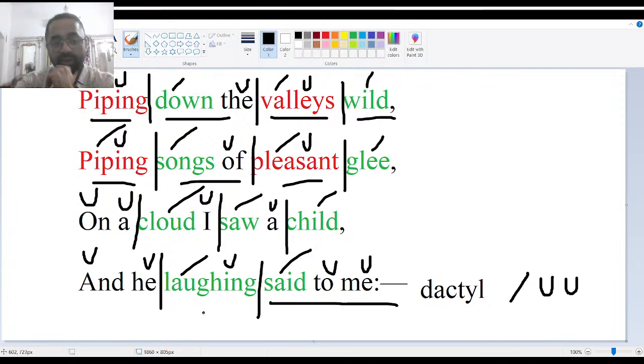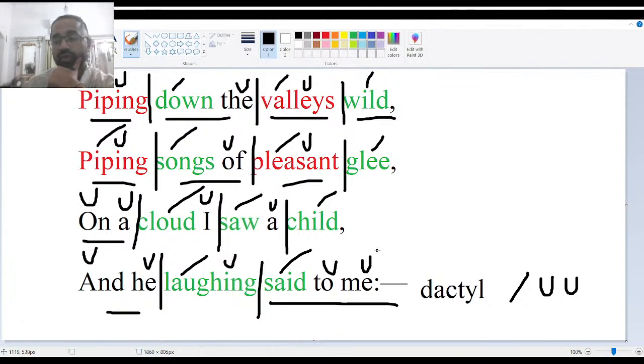And in the 4th line you have a pyrrhic. You have a pyrrhic here as well in the beginning of the 3rd line. And the first foot, the beginning of the 4th line, is a pyrrhic, and this is a dactyl. So it sounds like 1 2 1 2 1 2 3.